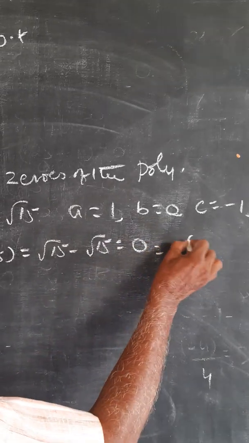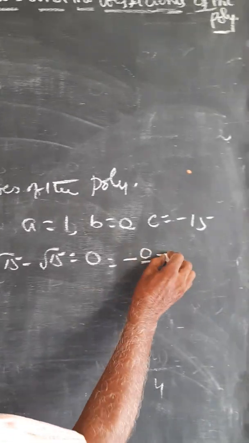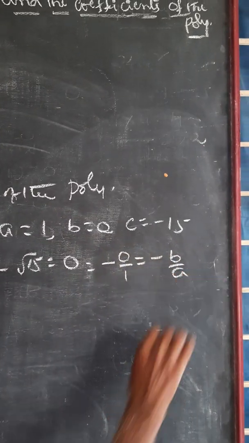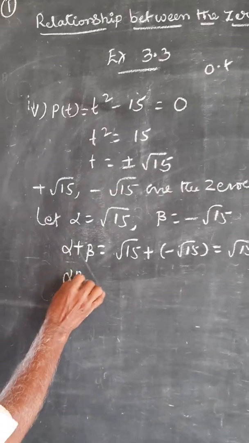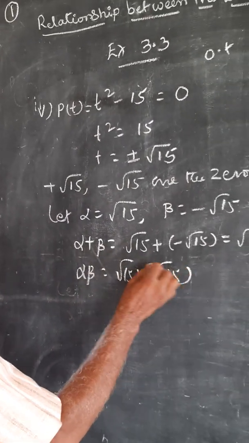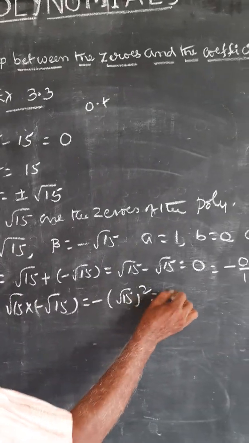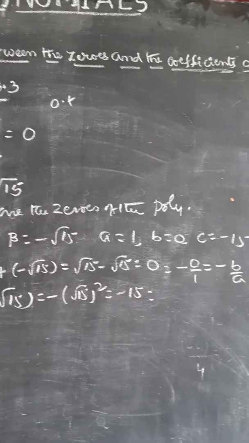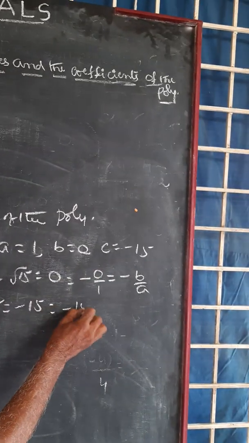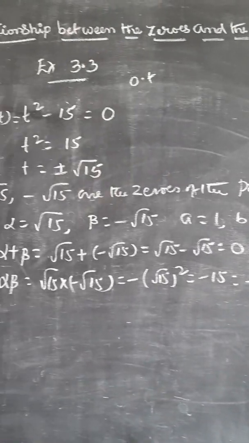Write 0 as minus 0 by 1, again it is a 0, no change, minus b by a. Next, alpha beta is equal to root 15 into minus root 15, that is equal to minus root 15 whole square, that is equal to minus 15 and write minus 15 by 1, that is nothing but c by a.